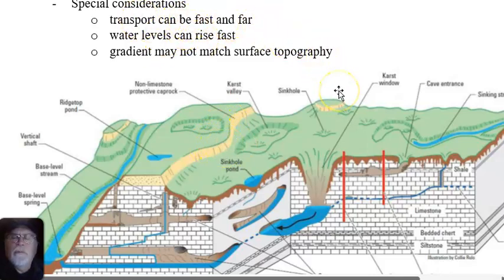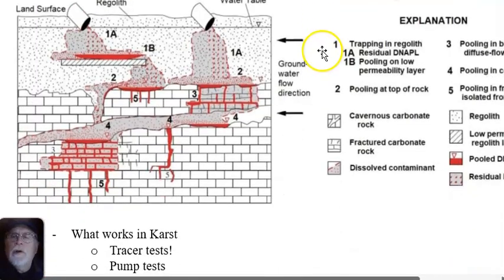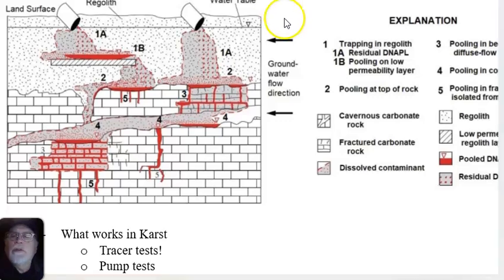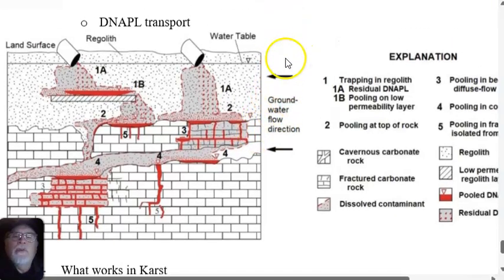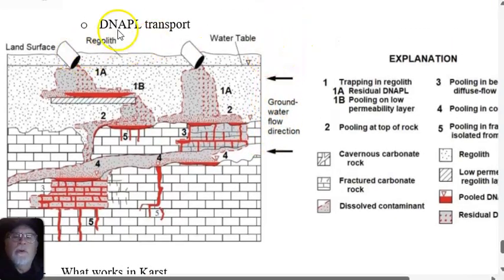And the transport can be far and fast. There was a story about a spill. I remember this in Northwest Arkansas, a gasoline spill, and like the next day, I think they had a trout pond, like a couple miles away on the other side of a hill where all the fish died. I don't know if that's really true, but it's a story that could happen in karst. Another interesting application of this is that for DNAPLs, dense non-aqueous phase liquids, they head down.